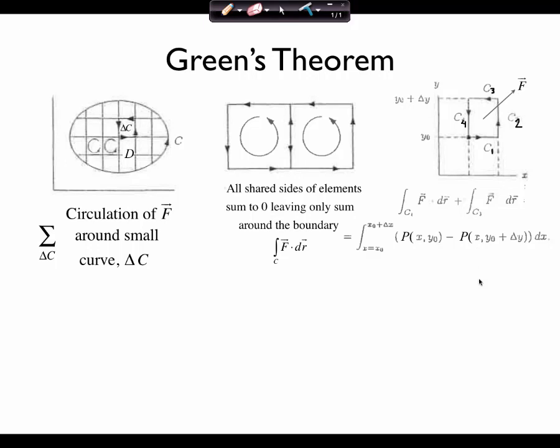Again, I'm doing just the top and the bottom parts of this little circulation integral. But now if you look at this, what is this? This is how much P changes with respect to y changing. So what is this difference, essentially?